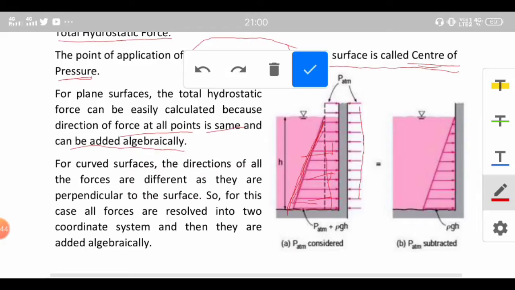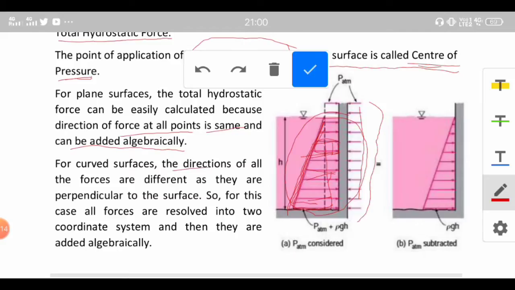So therefore we will get a triangular section, and you can see every strip is like a trapezium, and you can calculate the area occupied by that particular strip. So the calculation of the total hydrostatic force for a plane surface will be easy because it will be a simple addition of these particular elements.